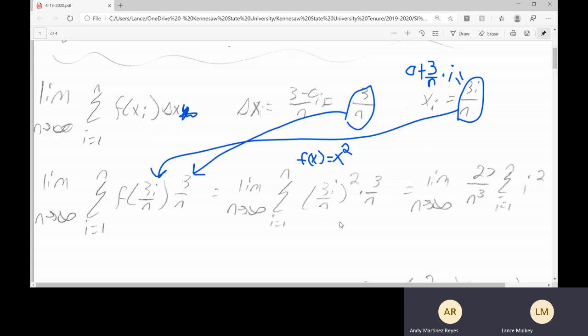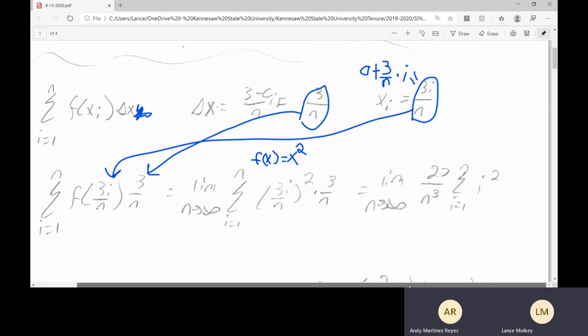Okay. So when you square it, 3i over n squared equals, oh crap, I moved too fast. This right here equals 9i squared over n squared.